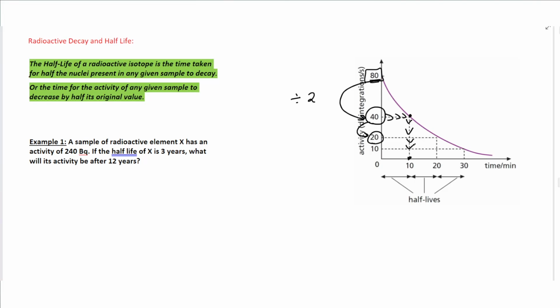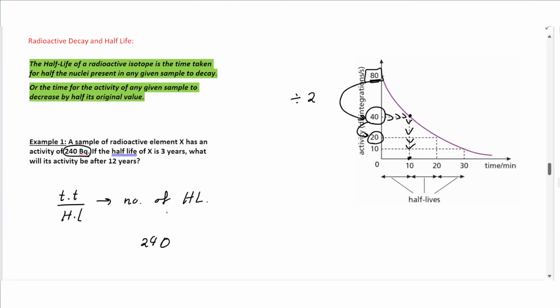But if you don't have a graph, and for example you have the half-life and the total time of the experiment, first you divide the total time by the half-life to get the number of half-lives. Then you take the initial radiation. For example, in this question it was 240. This is the initial activity, and then you divide it by 2 for each half-life.